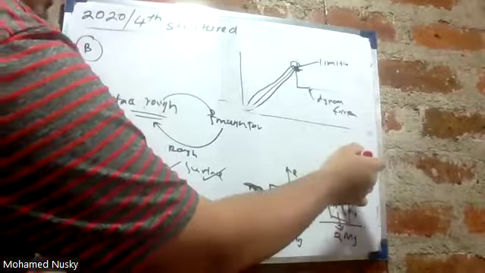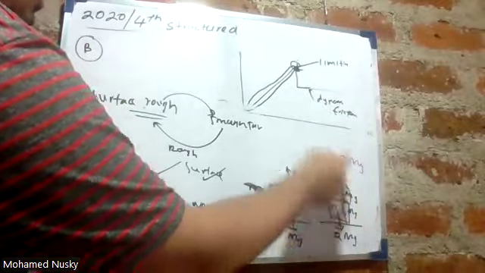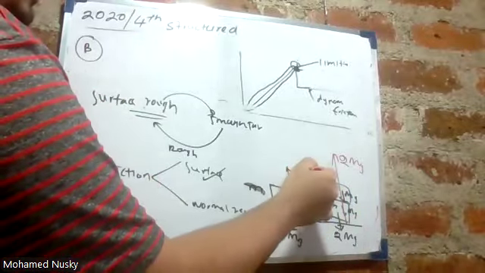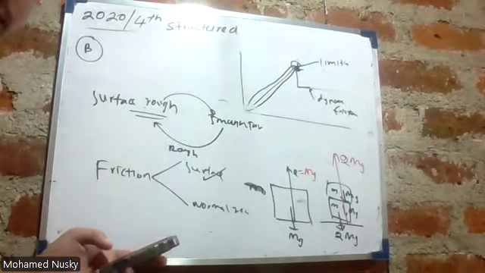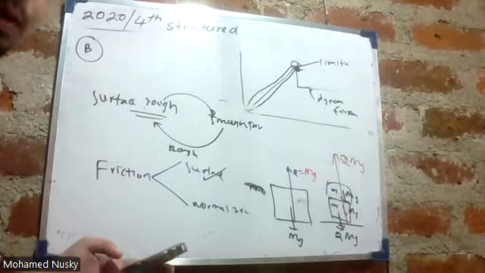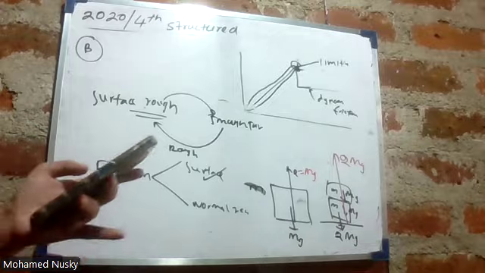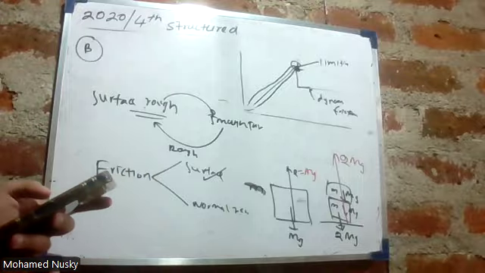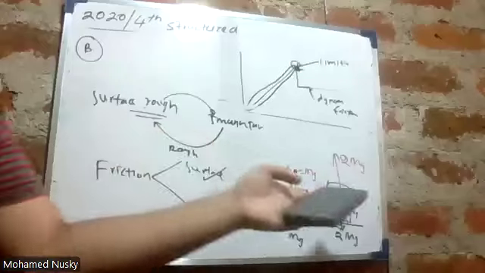The surface will give 2 mg force back to the object. Here mg will be active, here 2 mg will be active. So by this, we can change the factors. One technique for this one, another technique for this one.